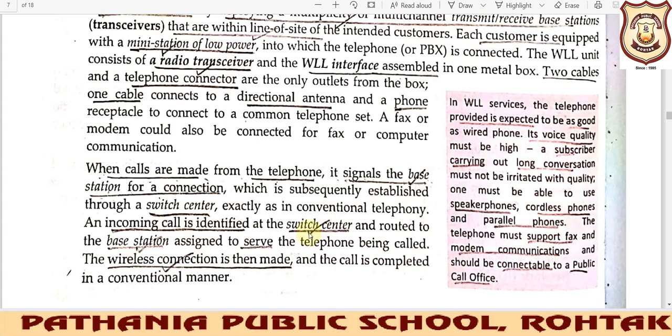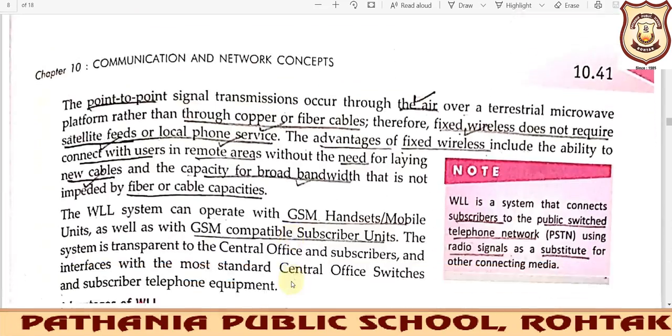This way the call is connected. So the wireless connection is made and the call is completed in the conventional manner. If you are using a telephone, you will have a physical medium. If you are using a mobile phone, then you will go wireless through radio waves only, and the signals will be transmitted.